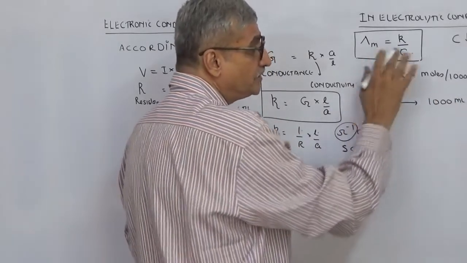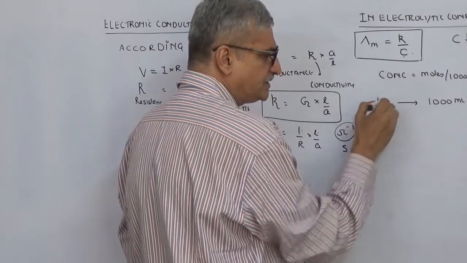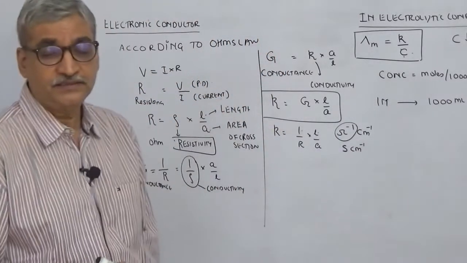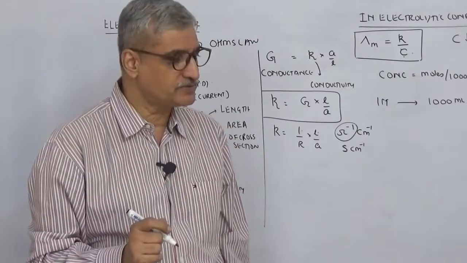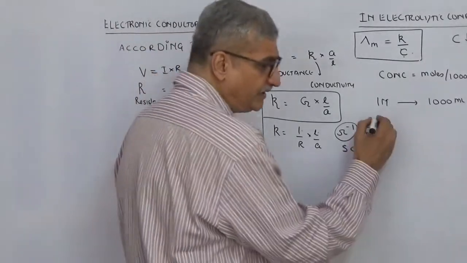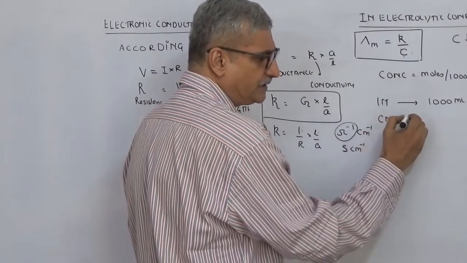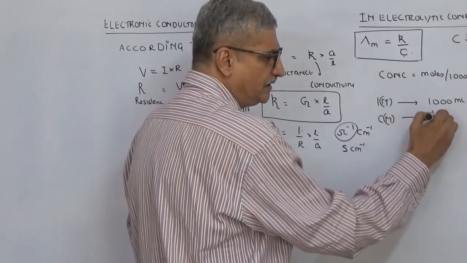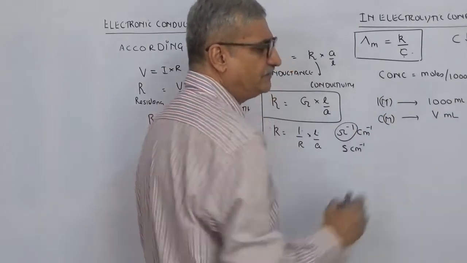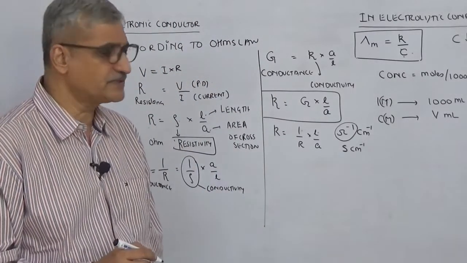Okay, when it is 1 molar, the volume of the solution is 1000 ml. But here we are taking concentration C molar in a volume V ml. Then what is the relationship we get for C?